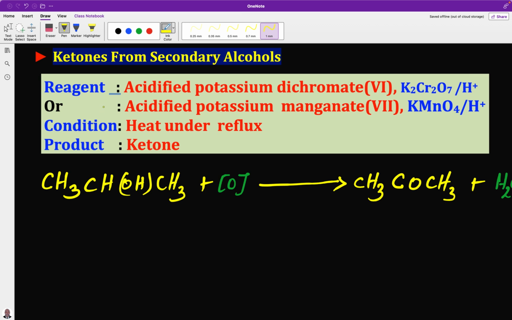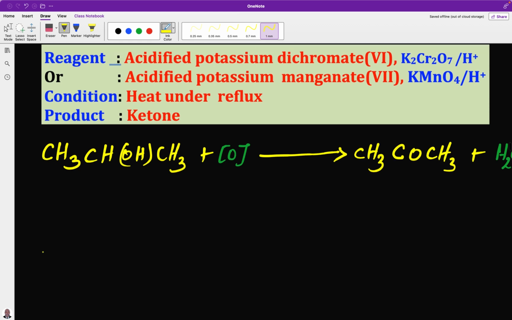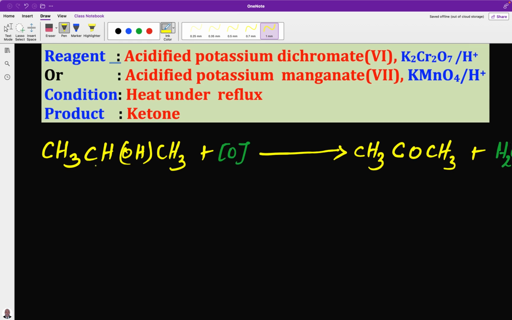From this structure, you can see that is propan-2-ol. That is CH3, CH3.